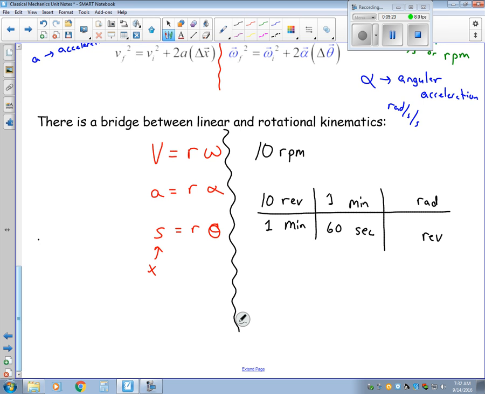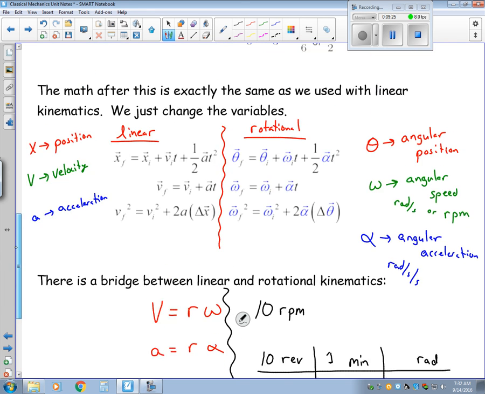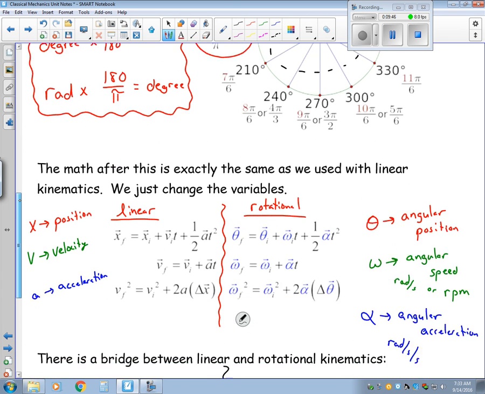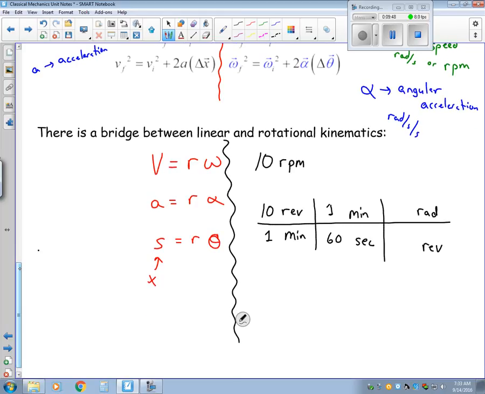If I think about my unit circle up here, notice that if I go one time around this circle, so if I start here and come all the way back around to my same point, I go through an angle of 360 degrees, or 2 pi radians. So in other words, one revolution is equal to 2 pi radians. I treat this like one giant fraction.